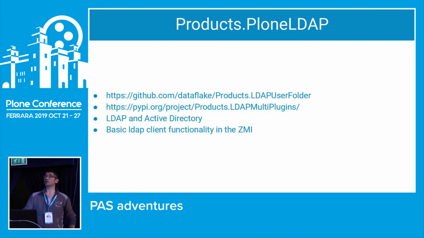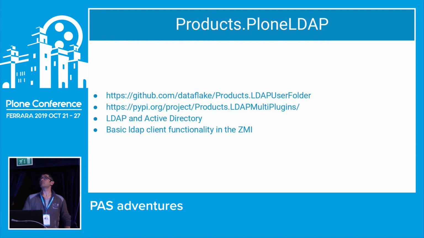To do that, we went to PyPI and took our first ingredient, which was Products Plone LDAP. I know that now there is plugins LDAP, which is more fancy and Python 3 and Plone 5.2 ready, but at the time this was probably the safest choice, so it was picked.